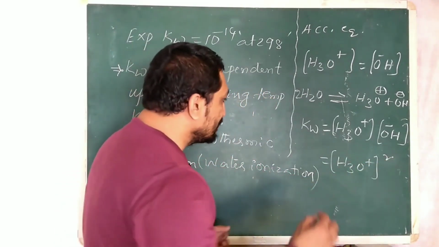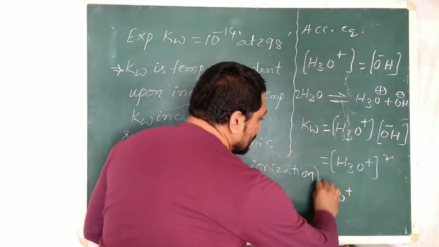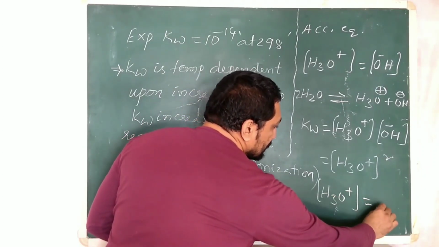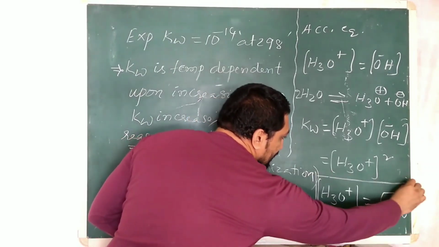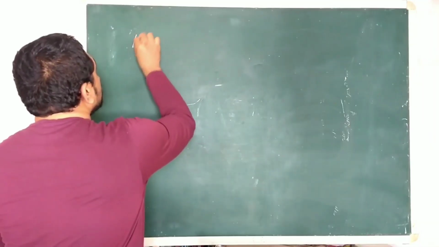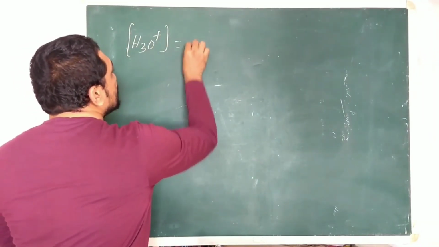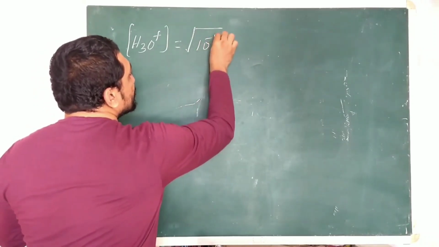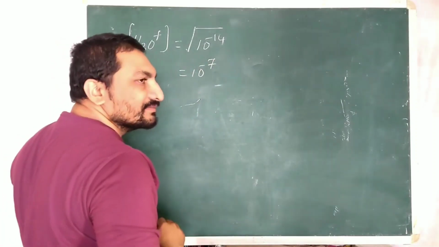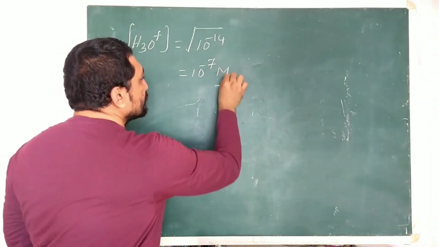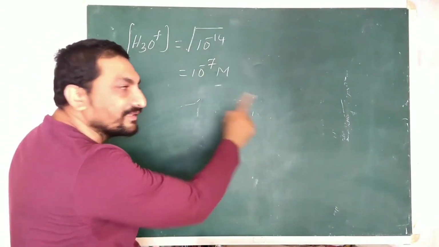Now H3O plus concentration is equal to root over Kw. Now H3O plus concentration equal to root over 10 to the power minus 14, which is equal to 10 to the power minus 7. Generally concentration is molarity. Just now we have seen H3O plus concentration equal to OH minus concentration.